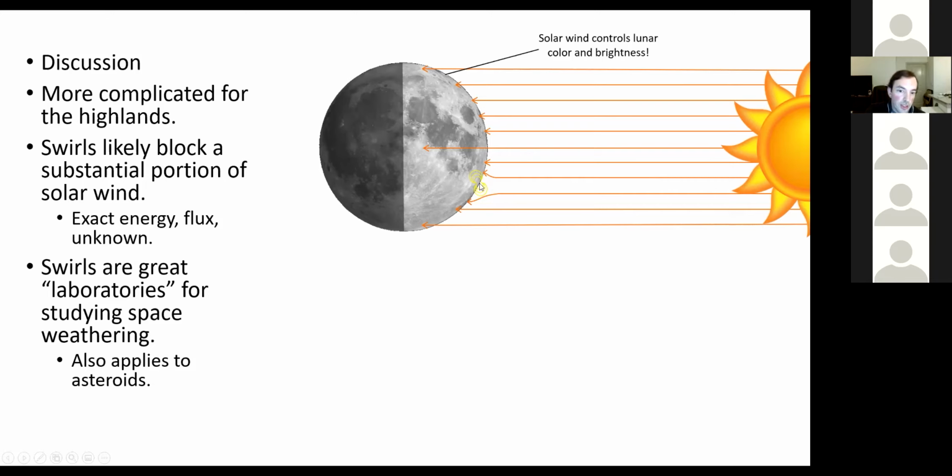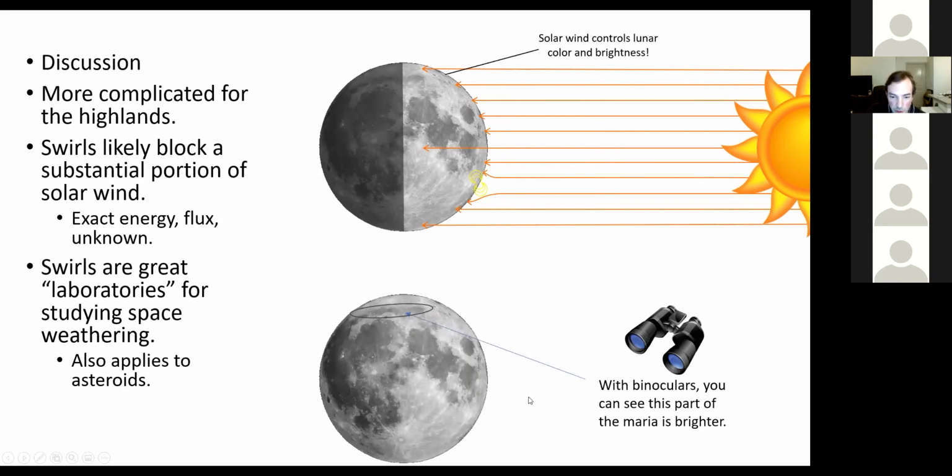We don't know the flux. Is the flux the same, but the energy is different, maybe? There are still a lot of questions about how much the flux and energy are getting changed at these regions. But I think it shows that these regions are really nice laboratories to study space weathering and understand these global patterns on the moon. You can also apply that to other airless bodies like asteroids.